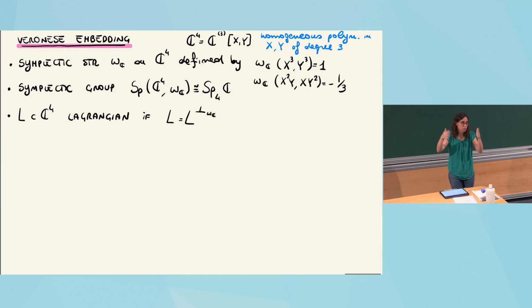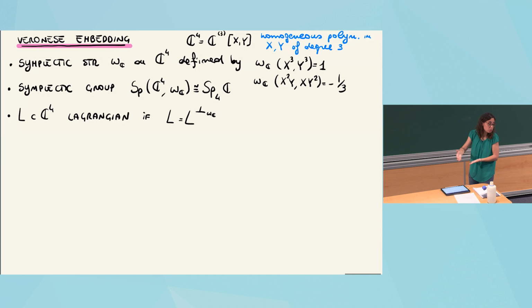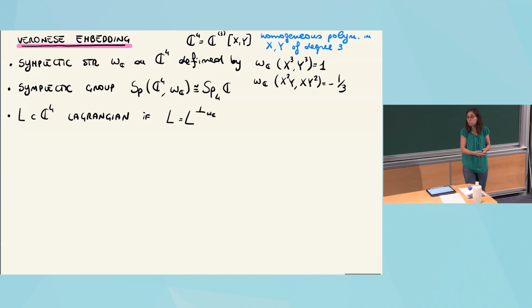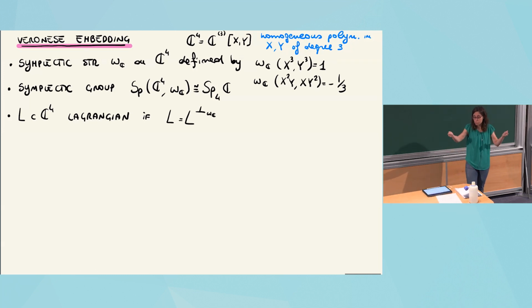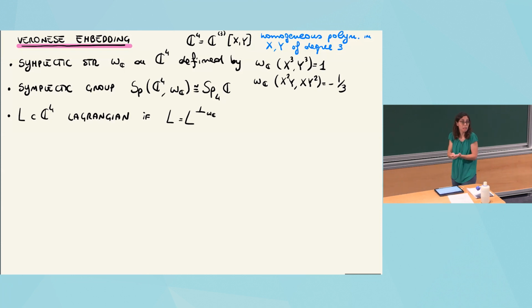This formula works in general, and the symplectic group in this case is exactly Sp4C. Isotropic in general is the notion of L contained in L orthogonal, and Lagrangian is the maximal isotropic subspace, so where this is an equality.